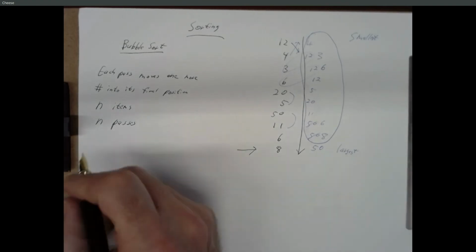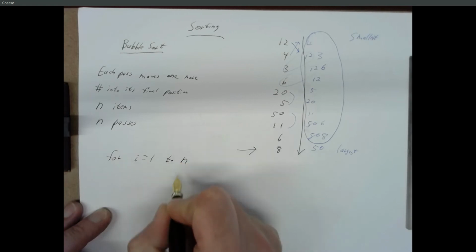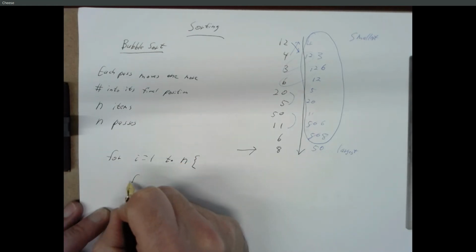And this codes as usually a pair of loops.